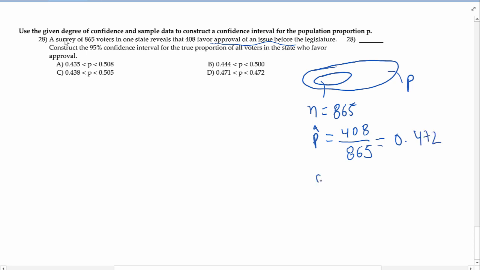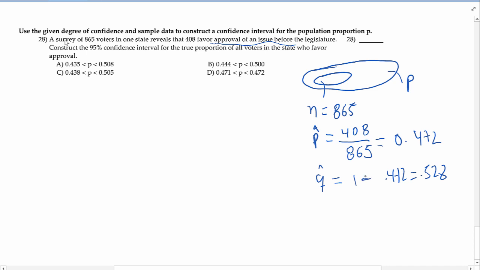All right, so the proportion in the sample who did not favor the issue is 1 minus 0.472, which is 0.528. All right, so we have that.